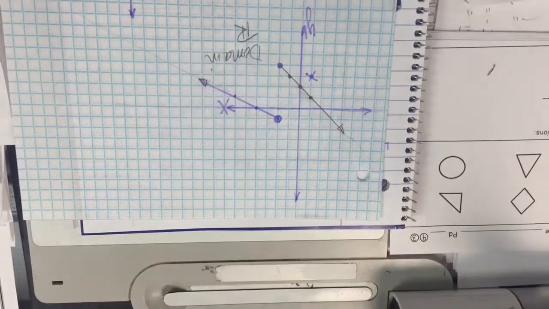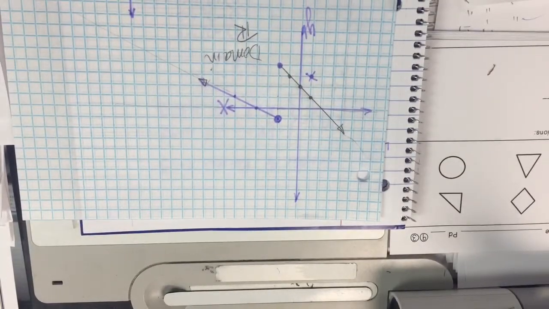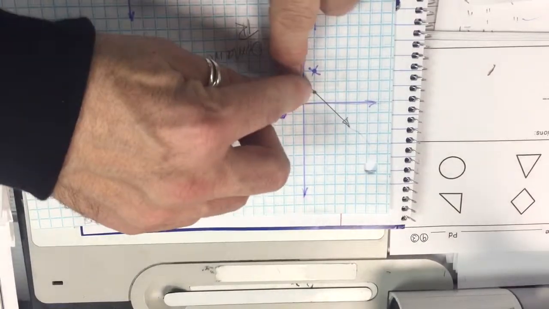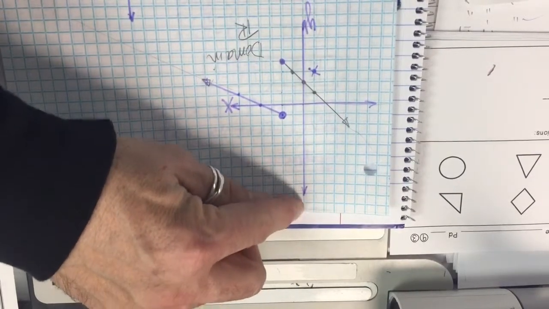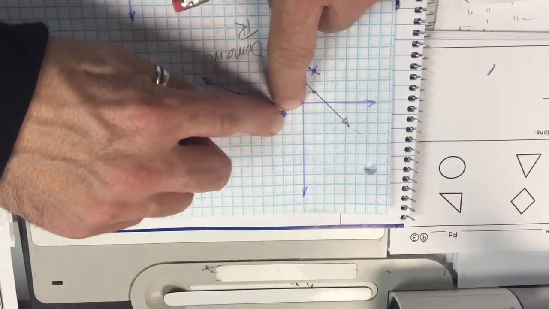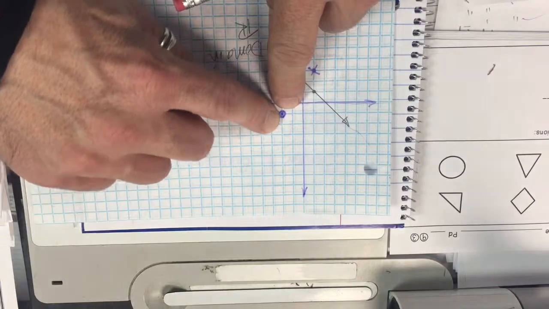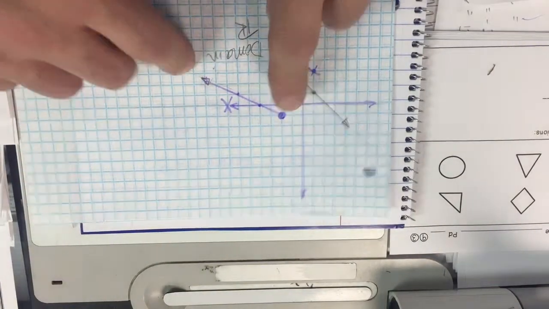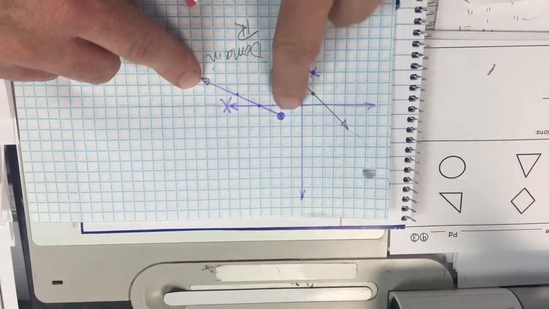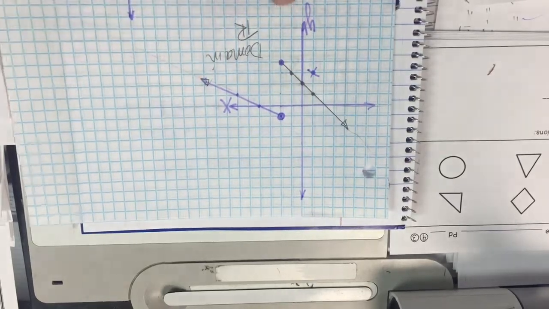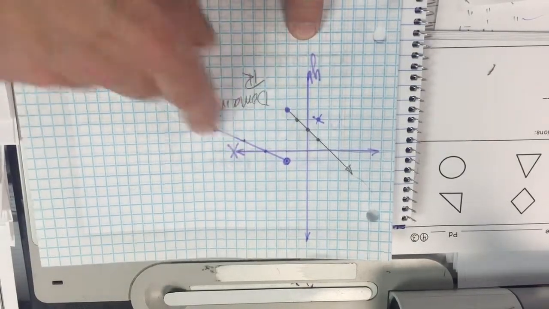is all real numbers. My range, which is my y values, well, let's look here. This one starts here and goes down gradually, so as my y values come down, there's always going to be something down here.